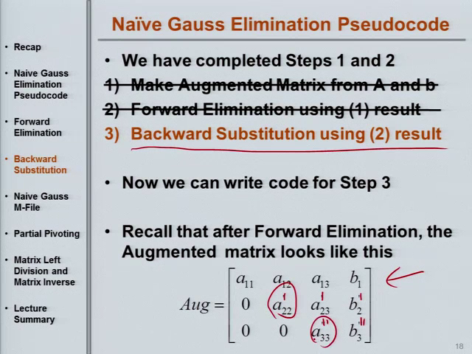This thing is not the same as A33 because we've actually done a couple of different things to that, and so on. So this is not the value in the original system, this is the value once you've done the forward elimination. Those are the only reasons we have those primes there, just to make sure that you understand that difference.